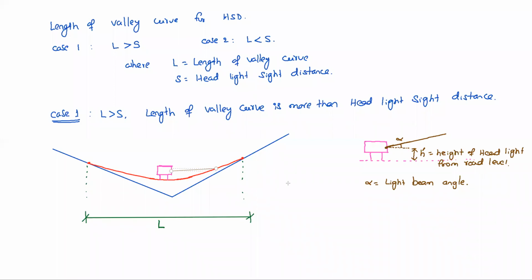Based on this, suppose up to this position it may give some lighting, the focusing. This angle is alpha, and this is h dash, and the side distance is s here.